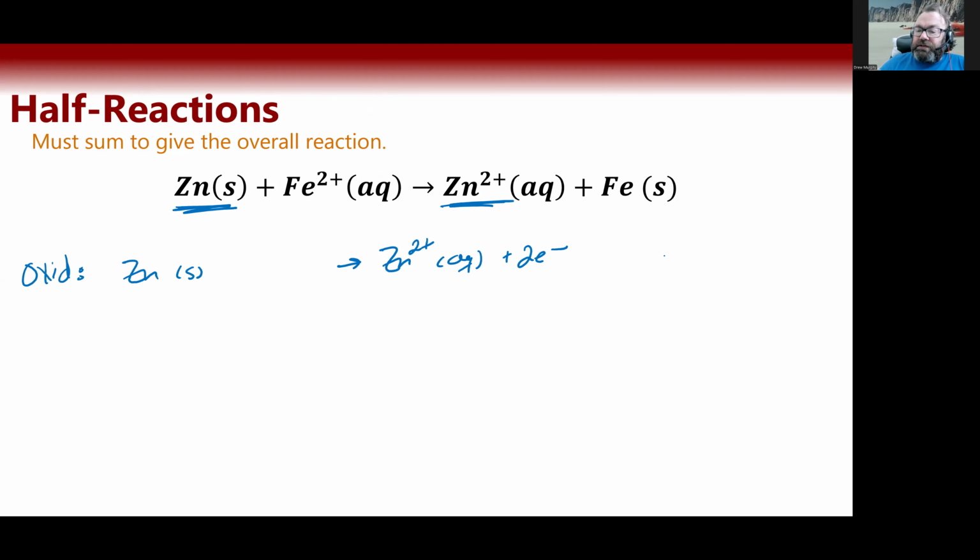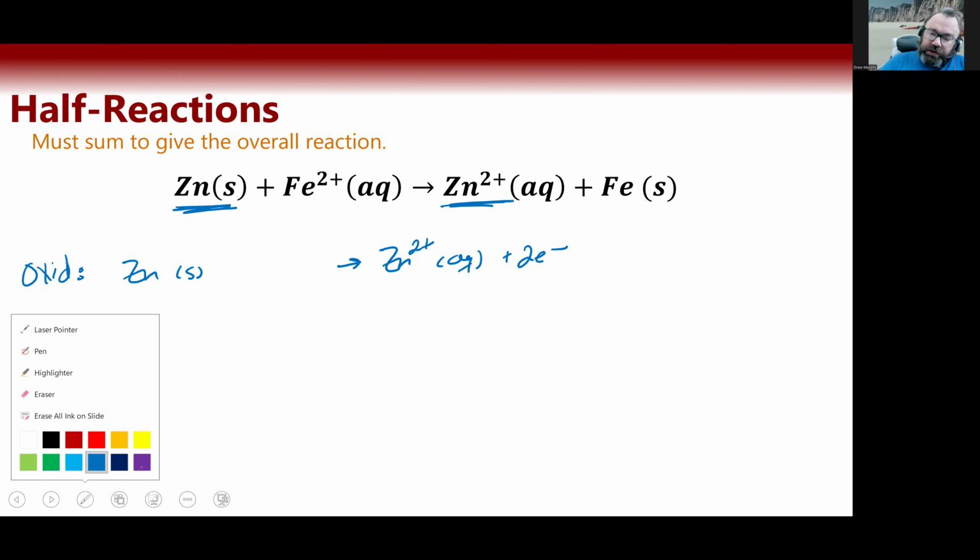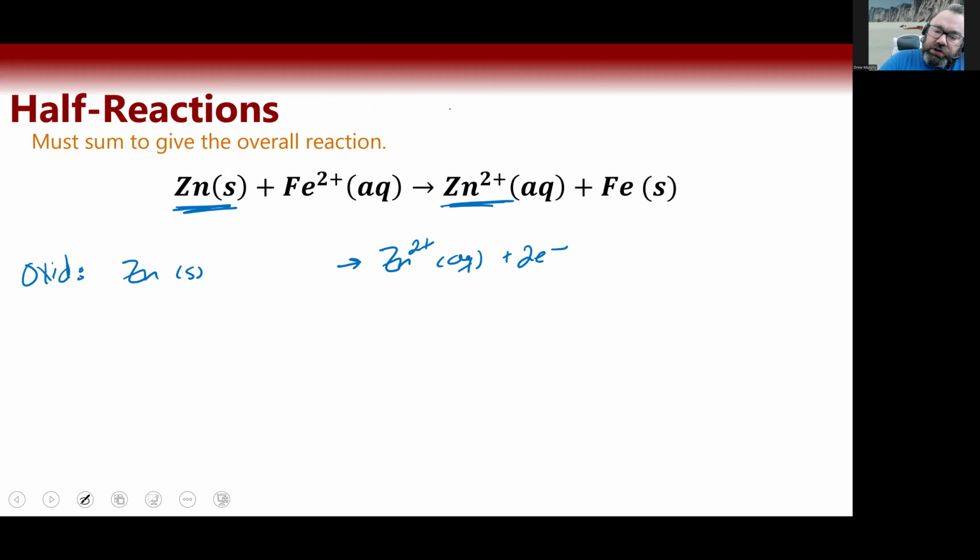So they're given away, so they end up on the product side, right? We have to remember as we're working through things that the charge needs to balance. Okay. It doesn't always have to be 0, but it has to be the same on both sides. So since zinc is 0, zinc 2 plus has to have 2 electrons on the other side.